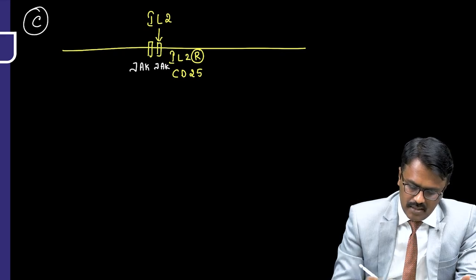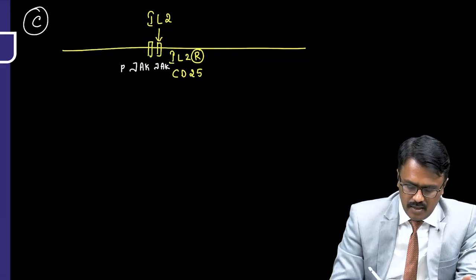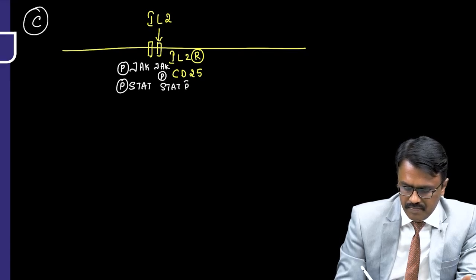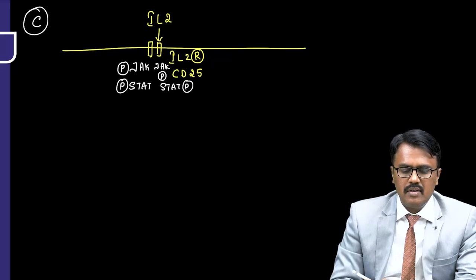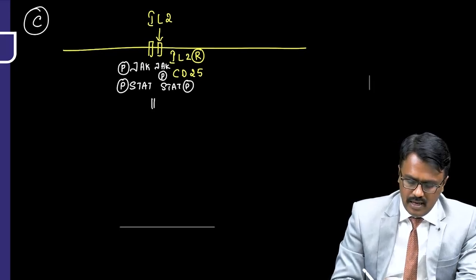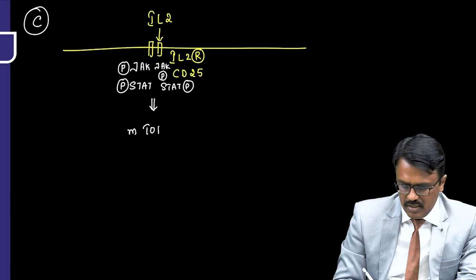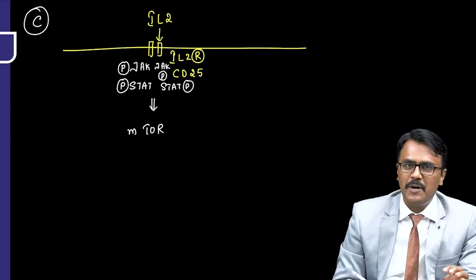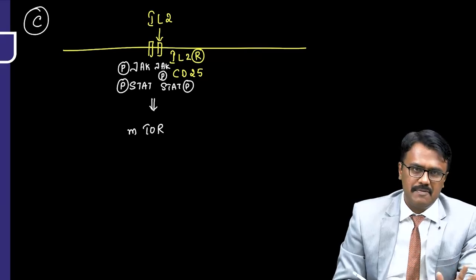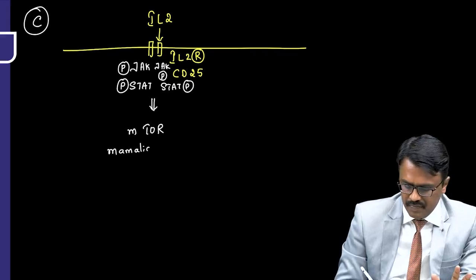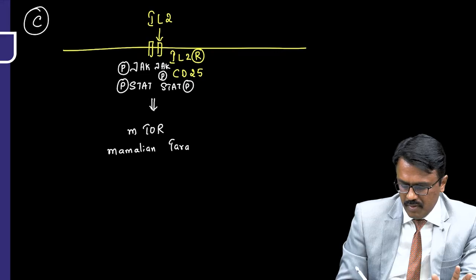Once the JAK is activated, they get phosphorylated and they call the STAT, and the STAT gets phosphorylated. Once phosphorylated, these activate the intermediate, that is mTOR. What is mTOR? mTOR stands for mammalian target of rapamycin.